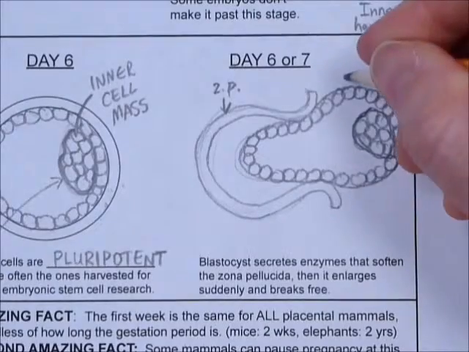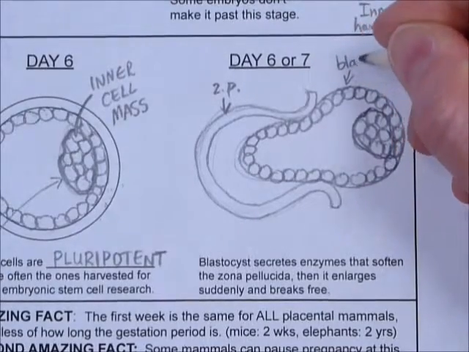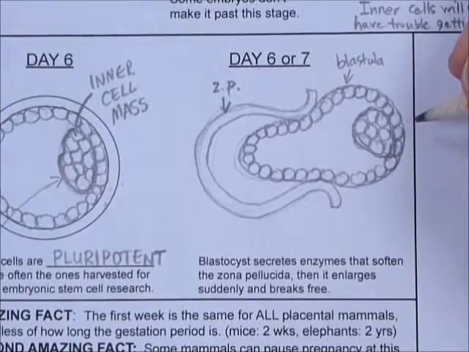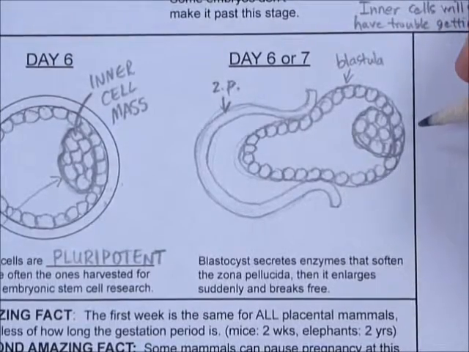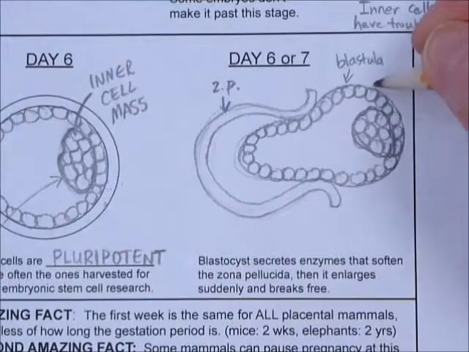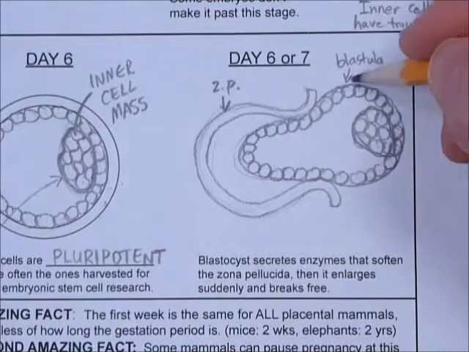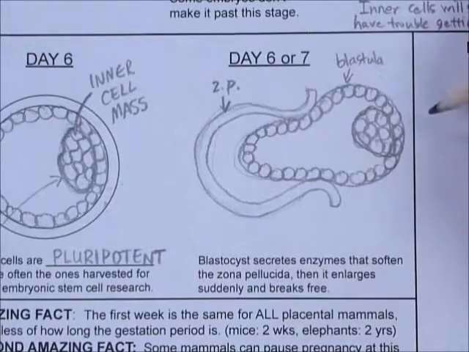Okay, so this is what you can call the blastula or the blastocyst. I guess blastula is sort of the stage. Sometimes they do point to it and say that's a blastula, but more often the blastocyst will be what they actually call the thing, but either one is fine.